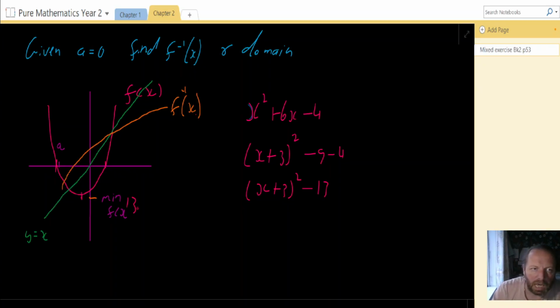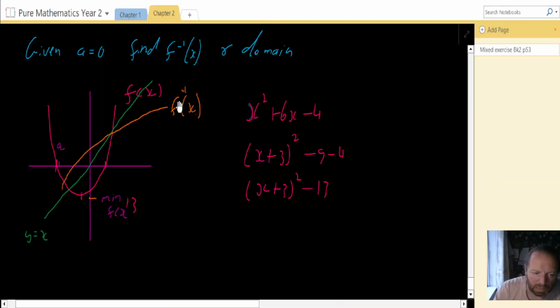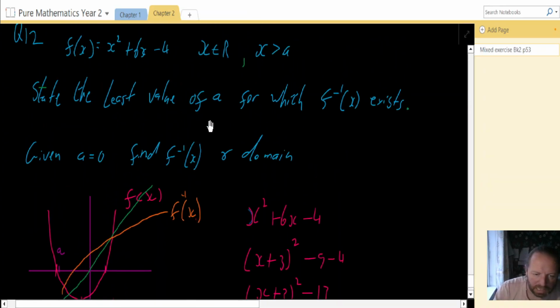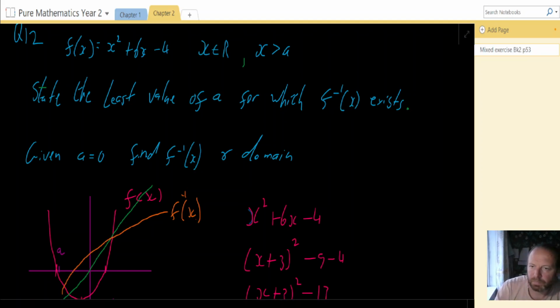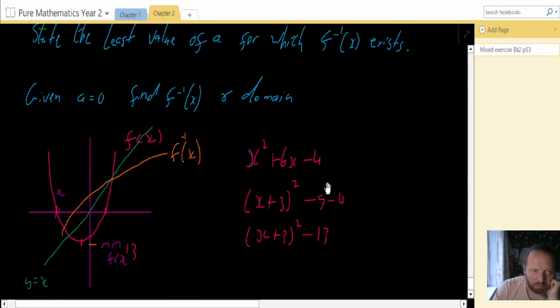Okay, and what was the statement? State the least value of a for which f of minus 1 of x exists.